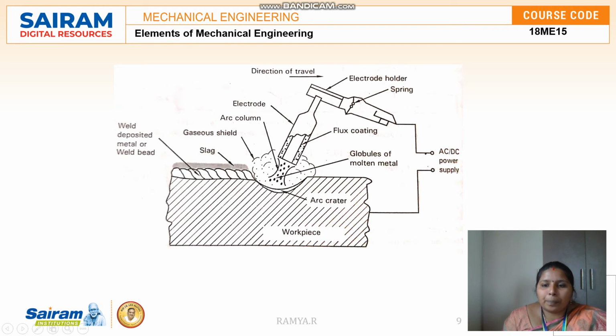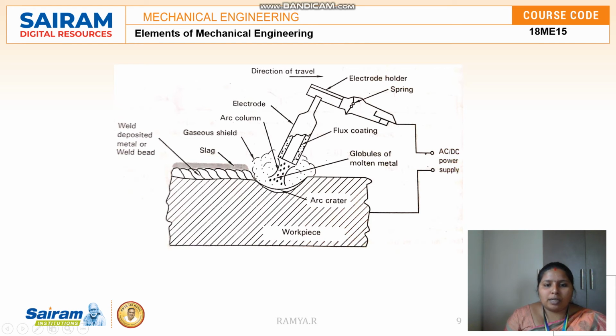When the power supply is switched on, the electrode holder also gets the power, and the workpiece also. So the electrode holder is brought in contact with the workpiece, but not kept so closely. A gap is maintained between the electrode holder and the workpiece, and when the gap is maintained, an arc is produced, because both the workpiece and the electrode holder are connected to a power supply.